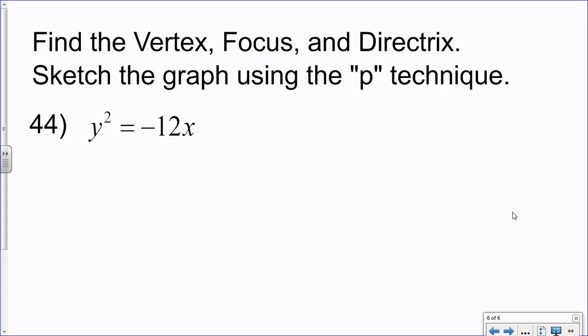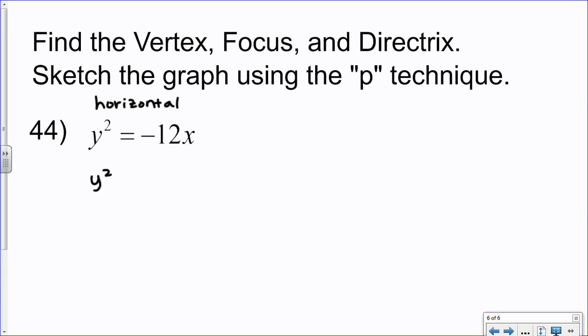Okay, so identify whether it's horizontal or vertical. So the Y is the one that's squared. So would that mean that this is horizontal or vertical? Horizontal. Okay, so horizontal. So then the equation I'm looking for is y squared equals 4px.